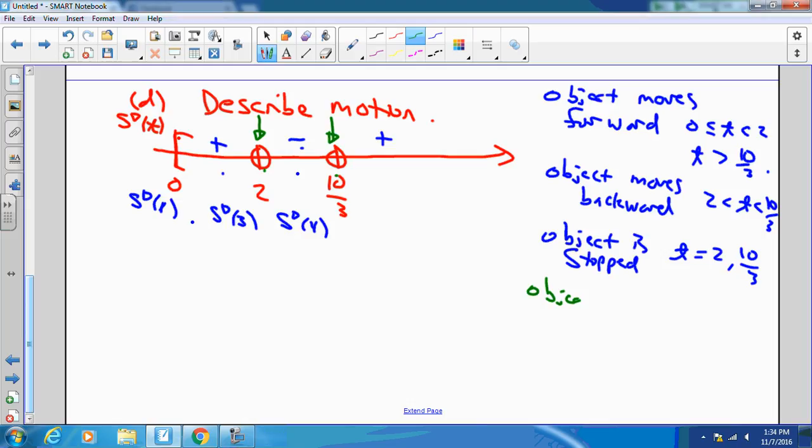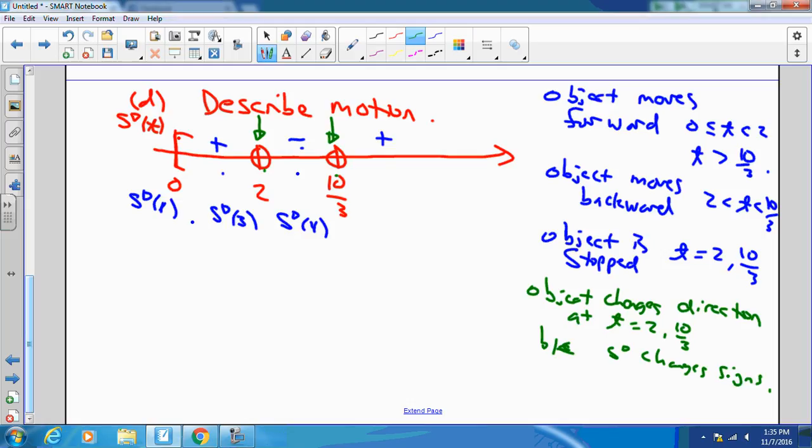So we can say the object changes direction any place where S prime changes signs, at t equals 2 or t equals 10/3, because S prime changes signs. Does that help? Does that answer your question?